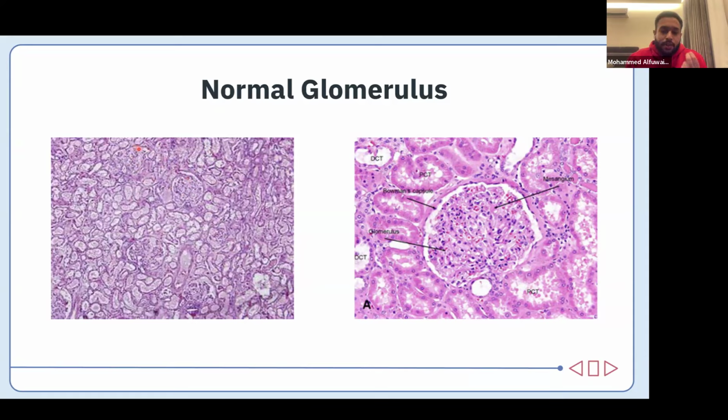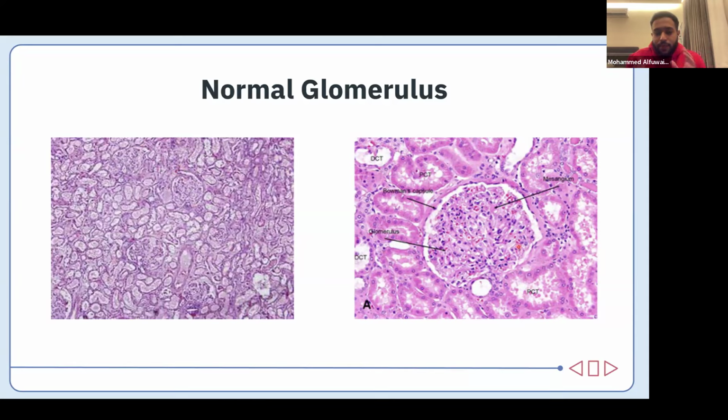Because there are certain diseases that you differentiate based on the number of glomeruli that are affected, okay? This is how we name it, either focal or diffuse, okay? Focal glomerulonephritis means it affects less than 50% of the glomeruli on a biopsy, okay? And we'll look into an example. If I say diffuse, that means it affects more than 50% of the glomeruli when you take a biopsy.